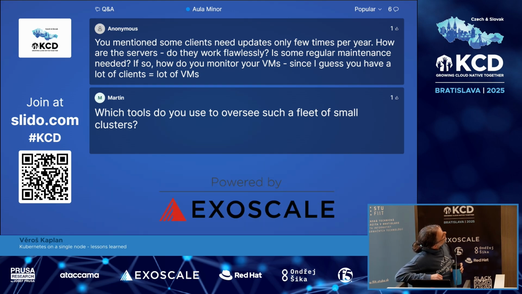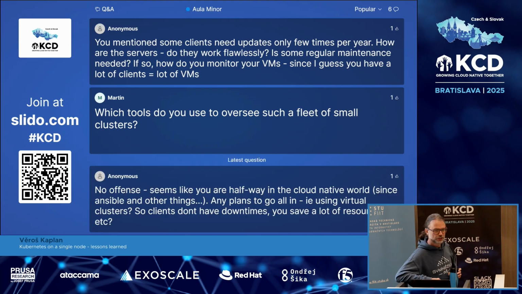Some regular maintenance, we have some monitoring. You can run some updates there, but it works usually. And how we monitor the VMs, it depends on whether the client wants us to monitor them. We are using Icinga, we are using Prometheus. It depends.